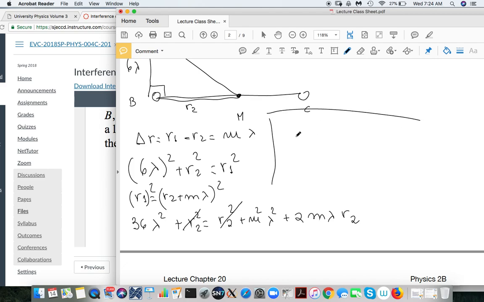And then we have 36 lambda squared is equal to m squared lambda squared plus 2 m lambda R2.